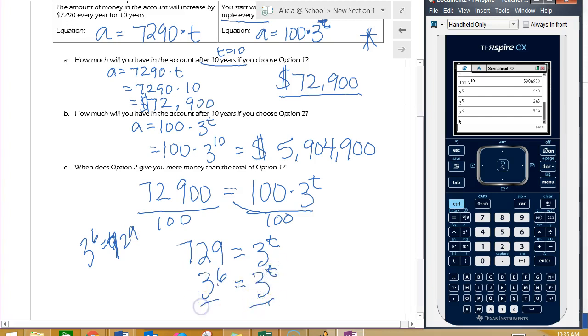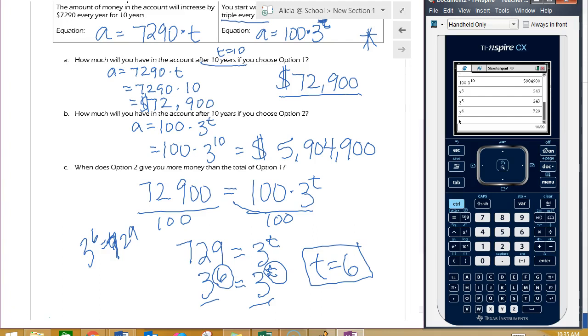When I have like bases, I set my exponents equal to each other. And T equals 6. Alright, so I'd be waiting 6 years is when option 2 gives you more money than the total of option 1. So stick with option 1 if you're going to get that money before 6 years. Anything after that, option 2 is the best.